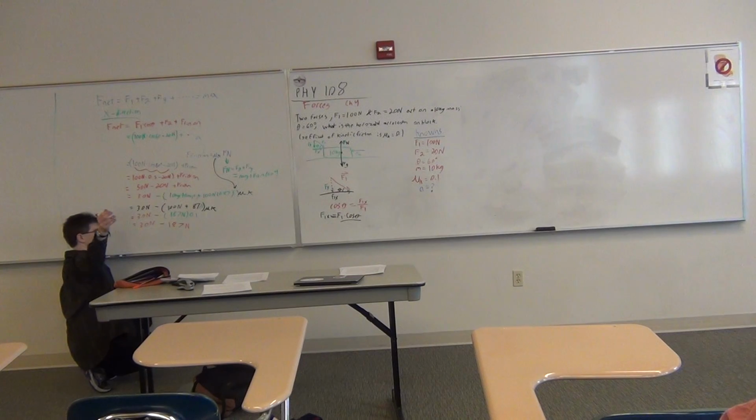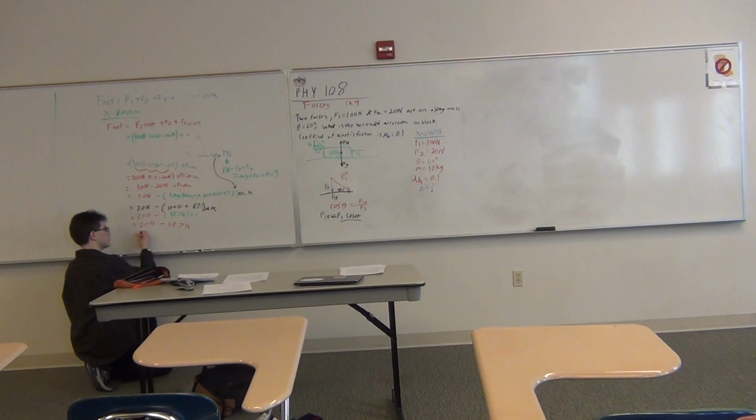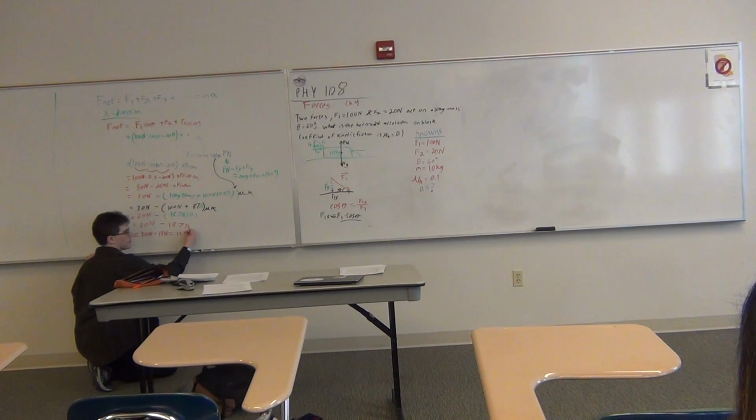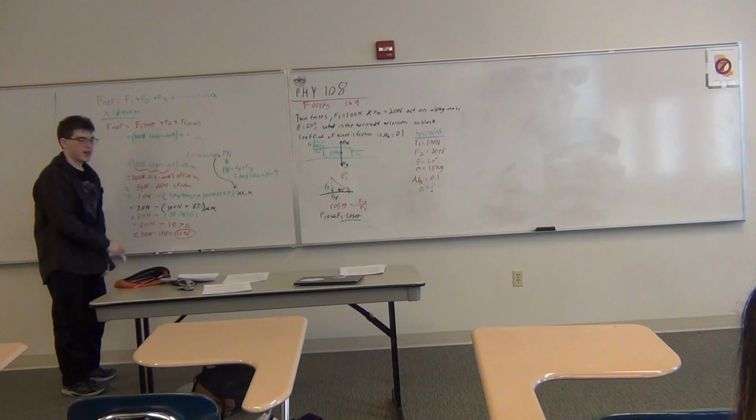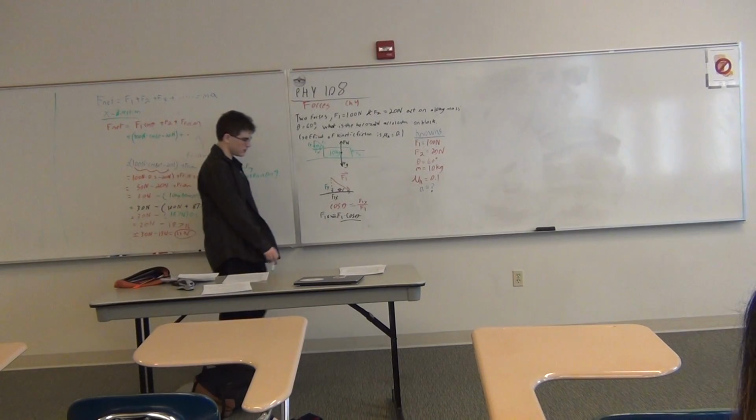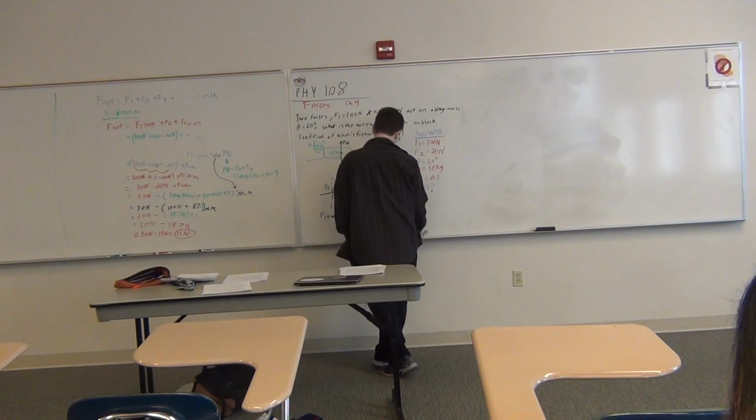18.7 is basically 19. So 30 minus 19 is 11. Okay, that's F net. What is F net, what we were trying to find? Acceleration.